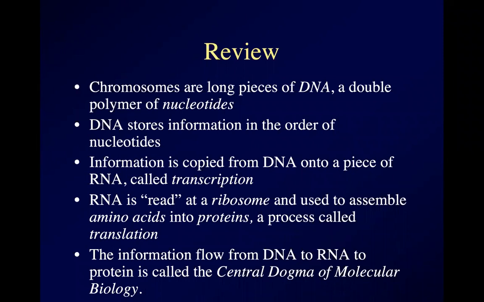Now, new concept, that information flow stored in the DNA, copied by transcription onto a piece of RNA, and then used to assemble a protein by the process of translation. We call that the central dogma of molecular biology. Information flows only one way in a cell.